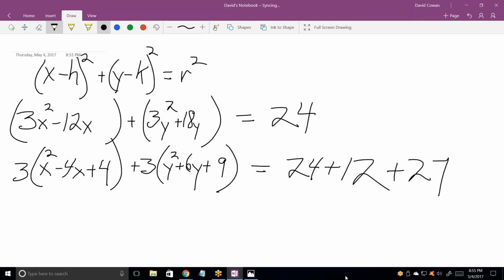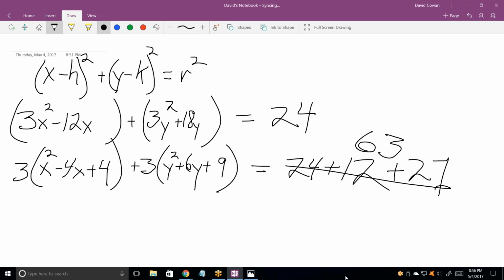Now it's really taking on the shape of our general equation. Yes. Okay. If I add these three numbers up, I get 63, I think. Let's see. Yeah, 63. Let's get rid of that 3. I don't like that 3. Our general equation does not have an A in front of it.